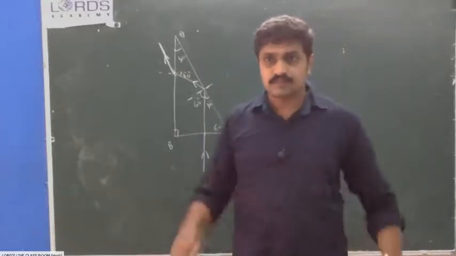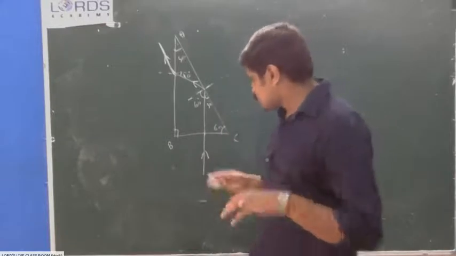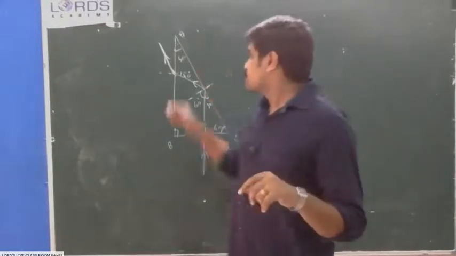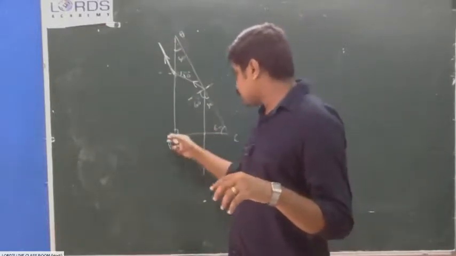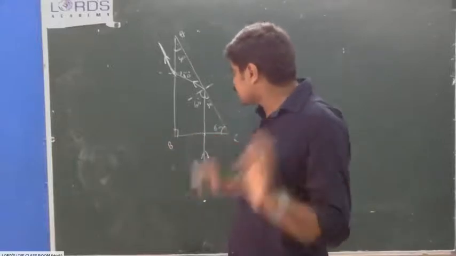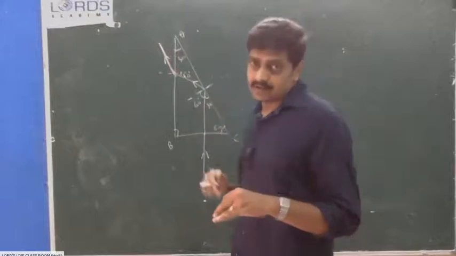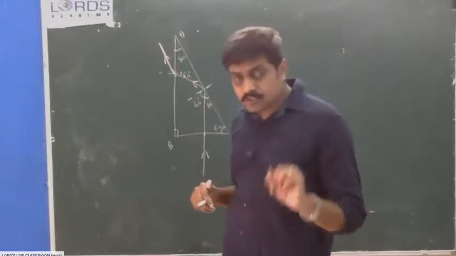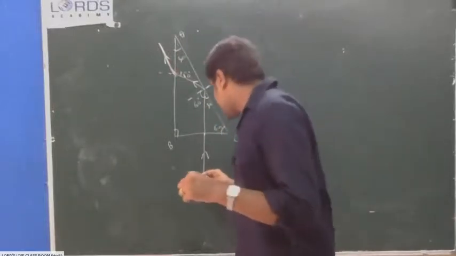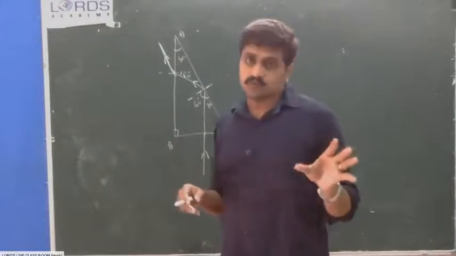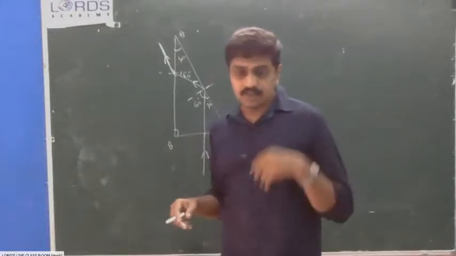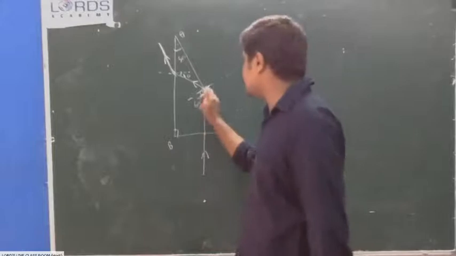Just go through this diagram. From the beginning, the light enters through BC, which means the side opposite to the 30 degree angle, with an angle of 0. 0 angle means no deviation, and it reaches here.